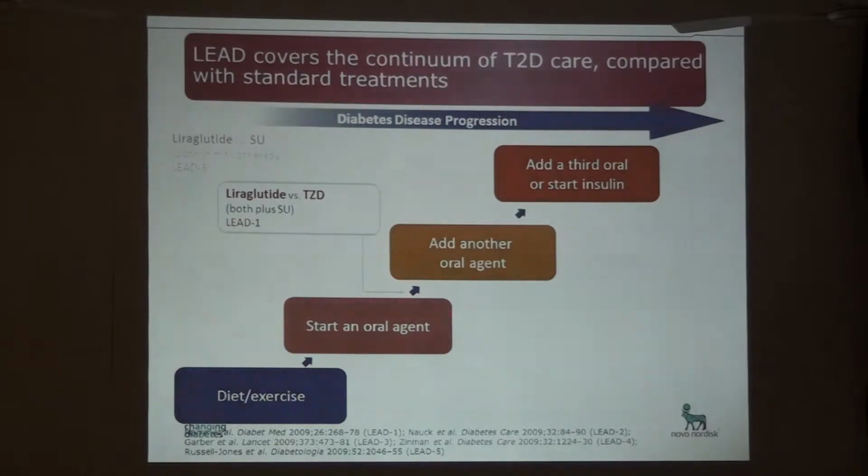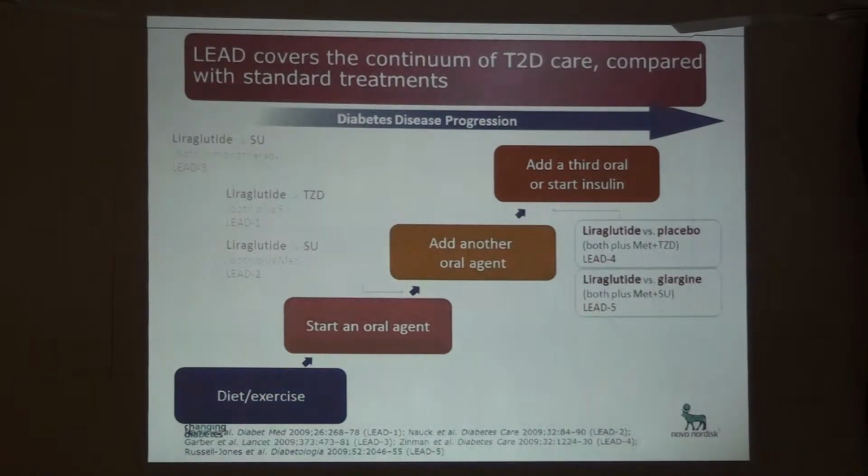It has been assessed as combination with another drug, with a sulfonylurea versus a thiazolidinedione, with metformin versus a sulfonylurea. Then it has been added in combination with two drugs, that is metformin plus TZD.